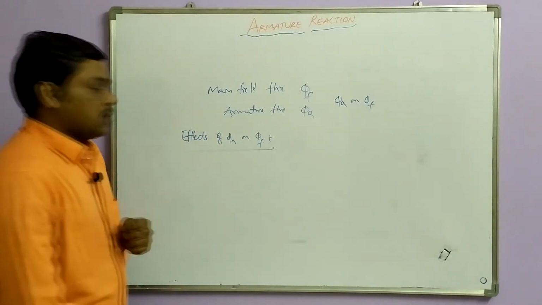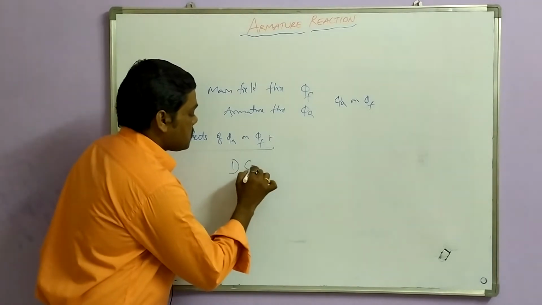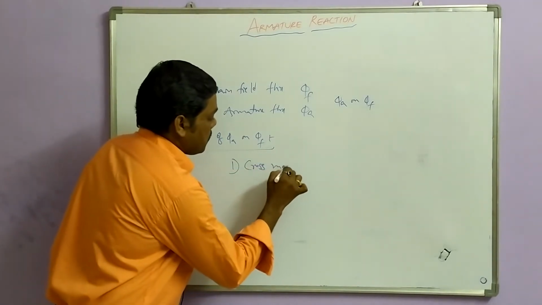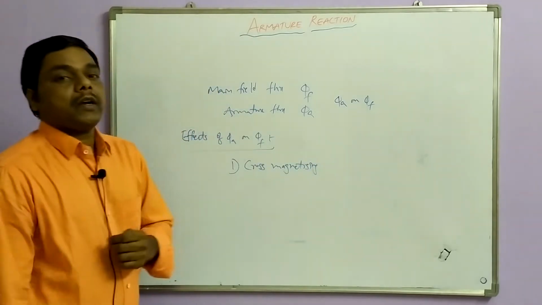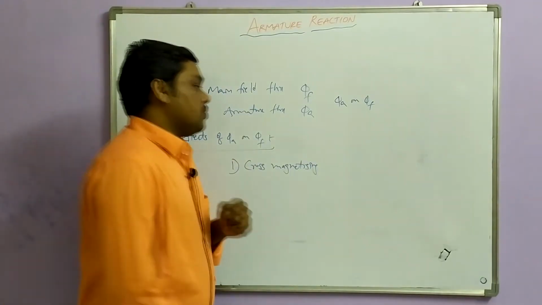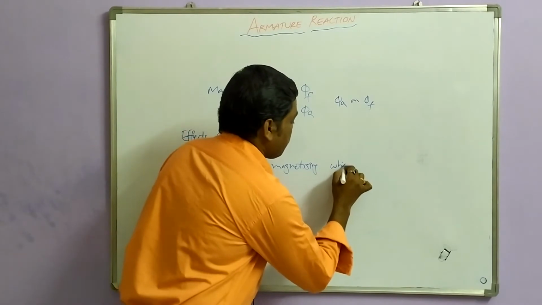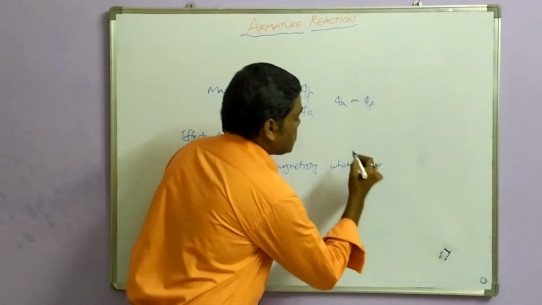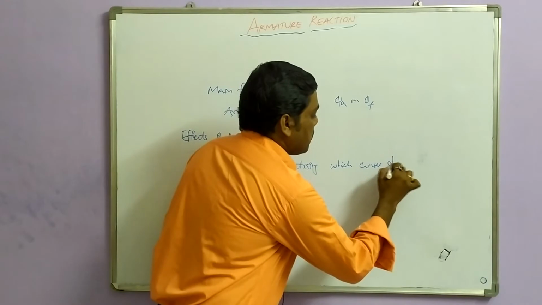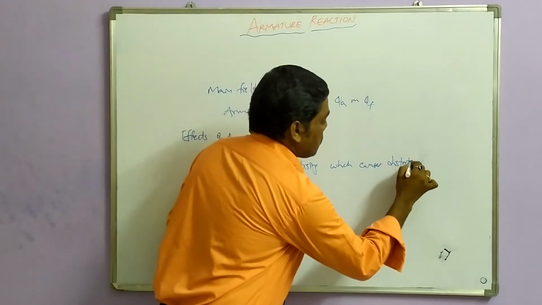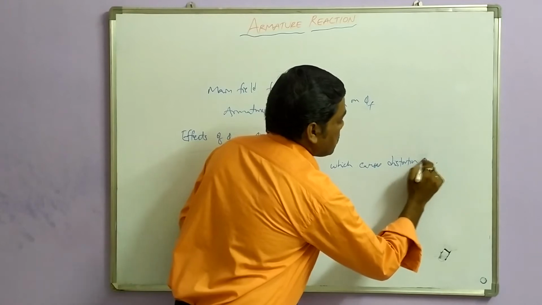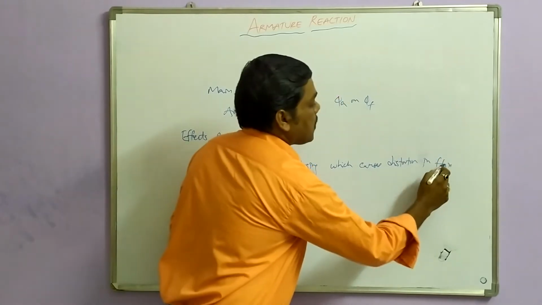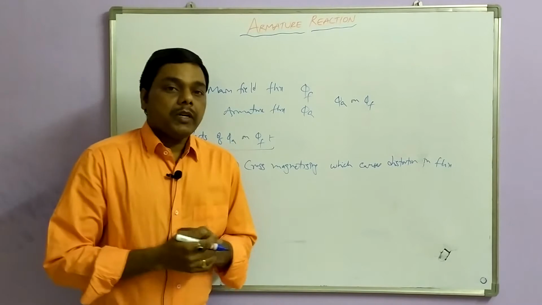So what is the effect? The first one is cross magnetizing effect, which causes distortion in flux. So what is meant by distortion?